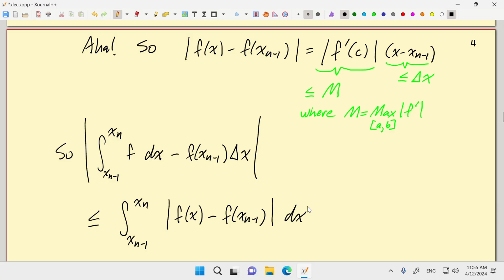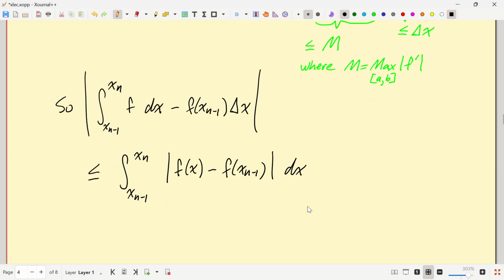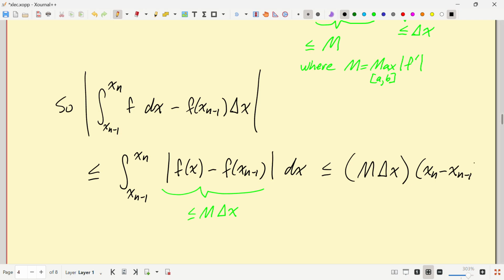And I just estimated the stuff inside to be bounded by M times delta x. And so this whole thing is less than or equal to M times delta x. That's the biggest thing inside the integral can be. And remember, over here we put the length of the interval. That's also delta x. And so I get a delta x squared. That's called the local error. It's like the local error is delta x squared.